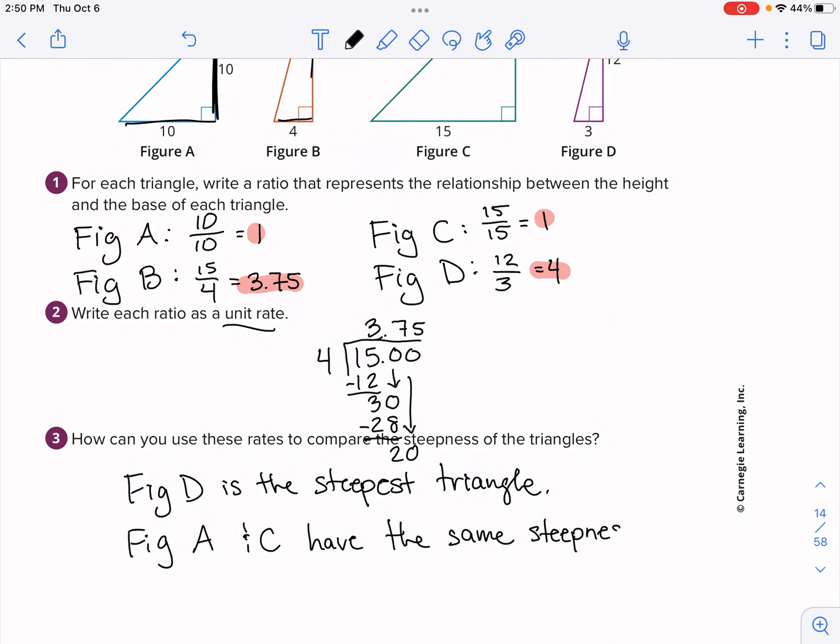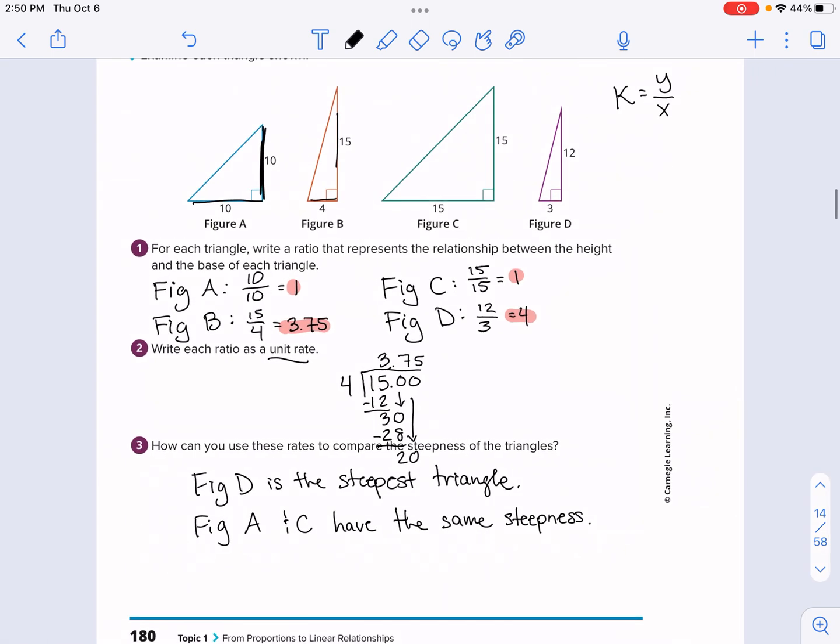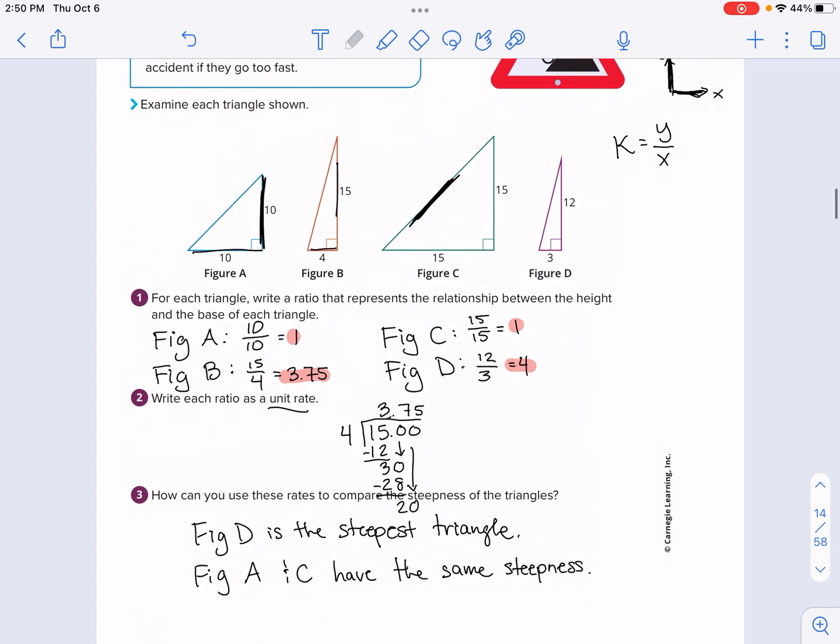There's a word that we're going to look at later that actually represents steepness that we'll be referring to more, but let's leave it like that. And if you look at figure A and figure C, they look like they're about the same steepness here. If I take this line and move it, it's pretty much matched right on top of it. If I take this line, maybe this is slightly steeper, or sorry, figure D is supposed to be steeper than this.